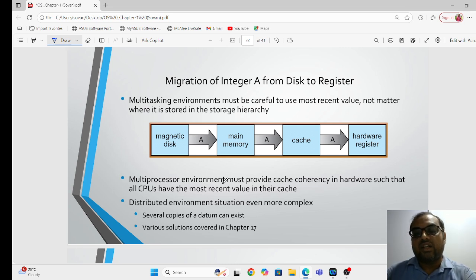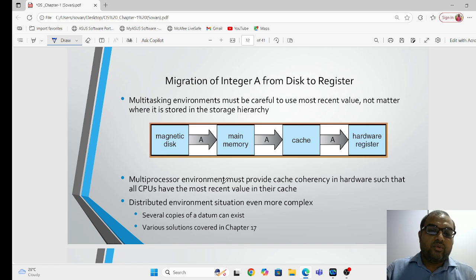They can access it via the main memory, and the same goes for hardware registers. They follow and maintain their one-by-one path but cannot directly access other devices. Suppose the CPU register wants to access main memory data; it cannot directly. It can access it via the cache memory.